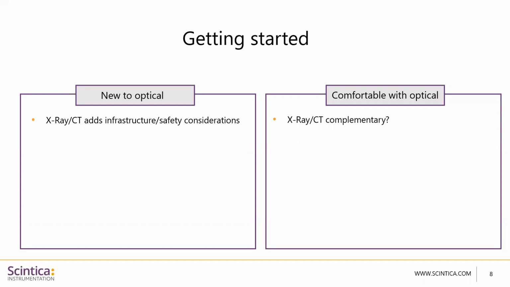For those of you who don't need that extra information, maybe you're just interested in the optical data, and especially those that are new to optical, I always encourage them to really think about how much they need the X-ray or CT data, just because there's a lot of extra considerations that come with that combined system. So we need to keep in mind that X-ray and CT has a lot more infrastructure and safety requirements compared to just a standalone optical system.